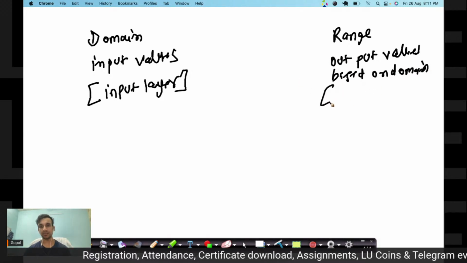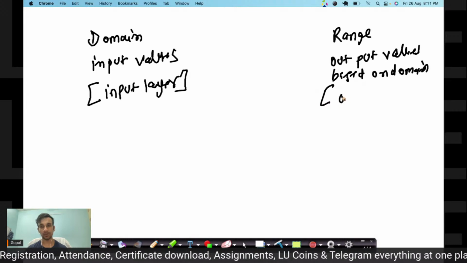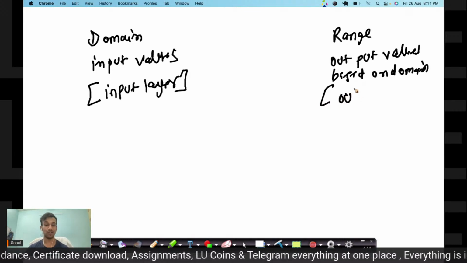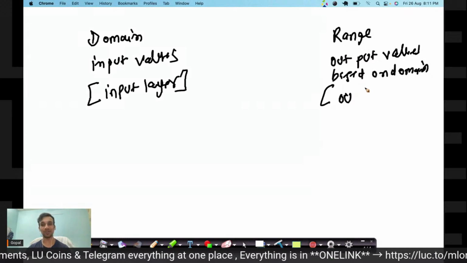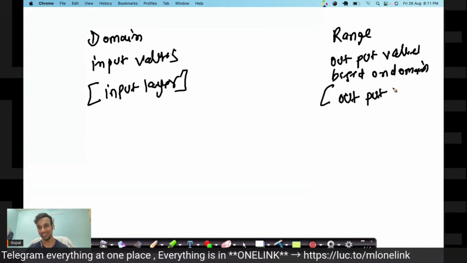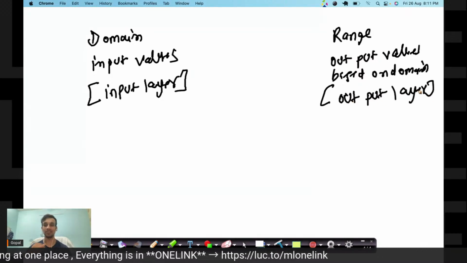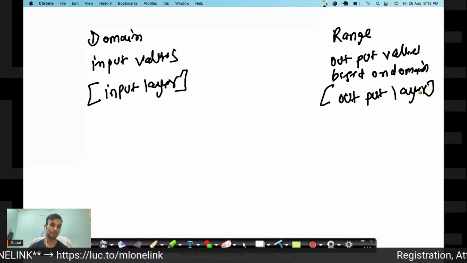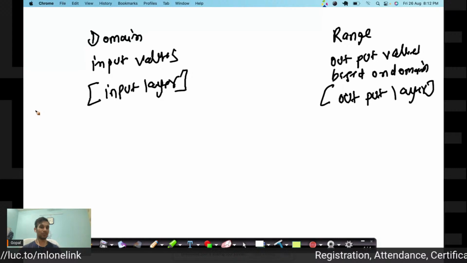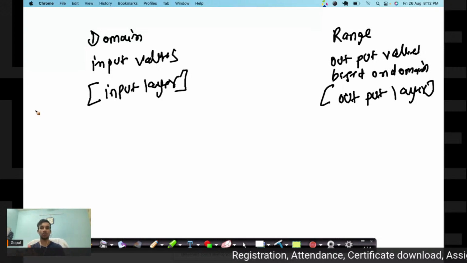And definitely this range will pop out on the output layer, right? Sorry, sometimes my tongue slips, it is not my first language, that is my excuse. So this is your input layer and this is your output layer.